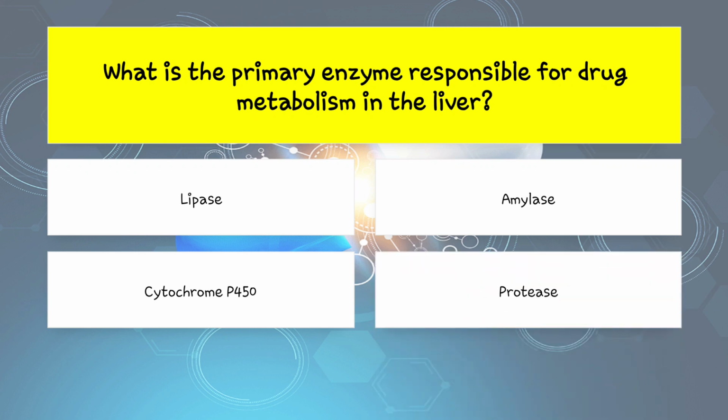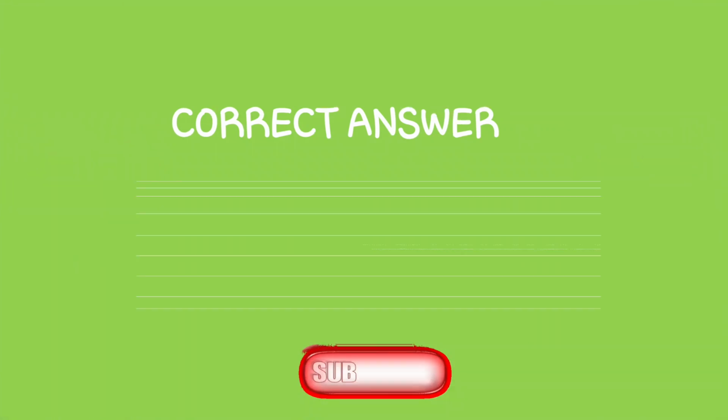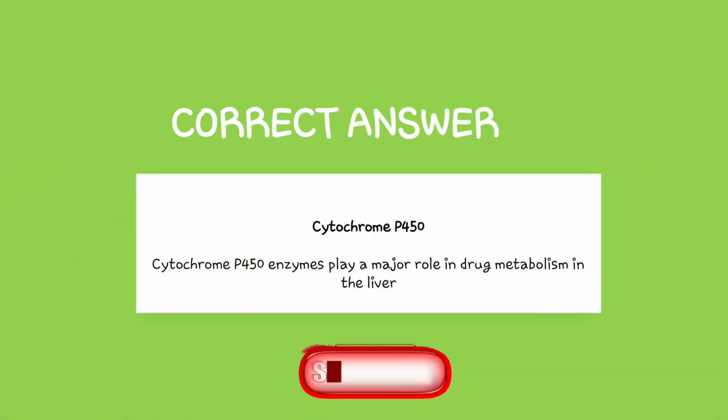Your time begins now. Time up. The correct answer for this question is cytochrome P450. It is the enzyme that plays a major role in drug metabolism in the liver.